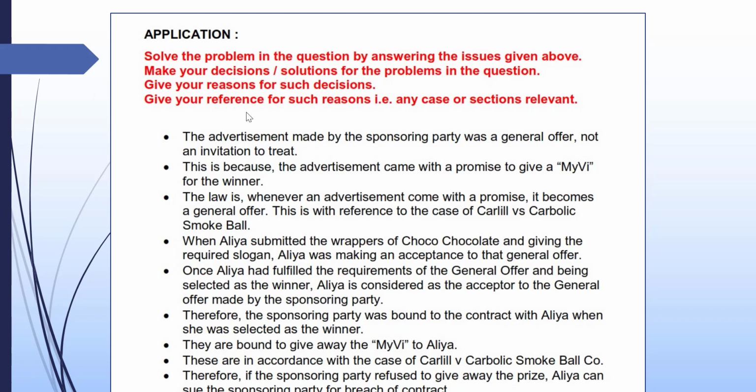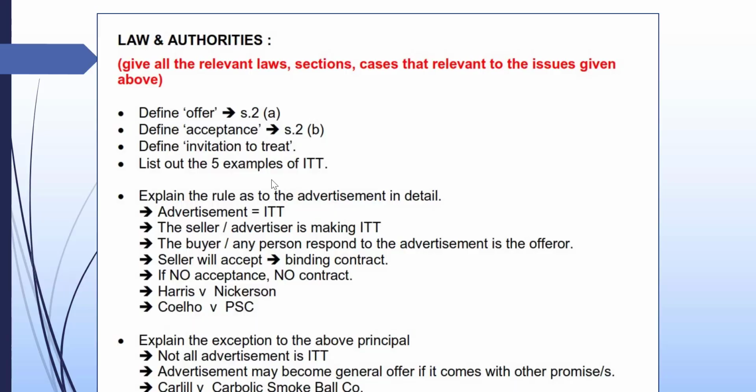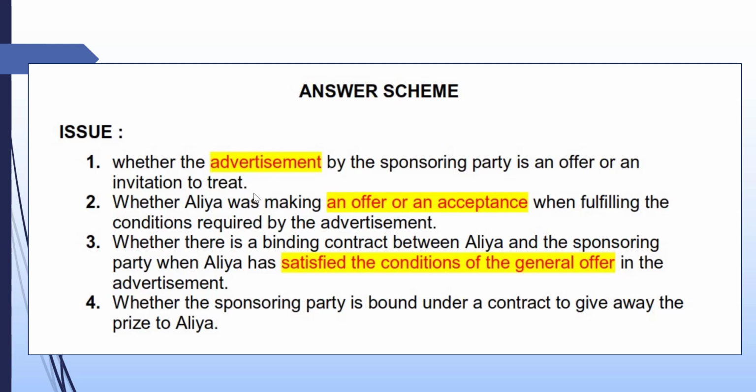Okay, so in answering the issues, let us have a look at the issues first, which we have listed out. First is whether the advertisement by the sponsoring party is an offer or an invitation to trade. Second, whether Alia was making an offer or an acceptance when fulfilling the conditions required by the advertisement.